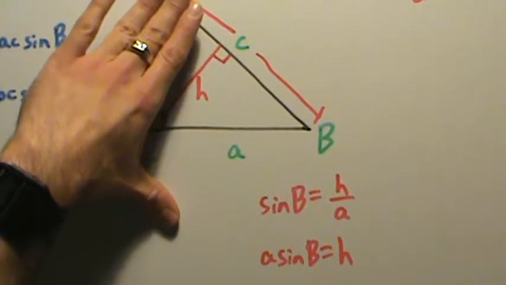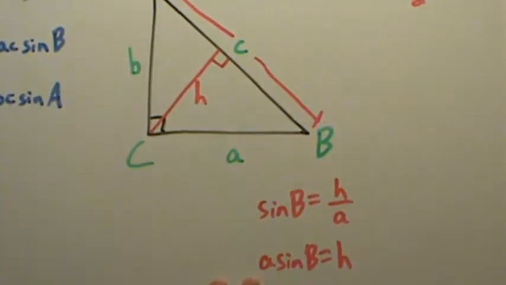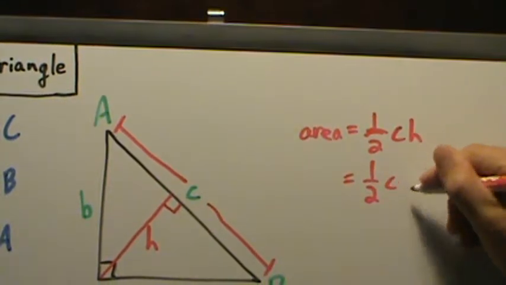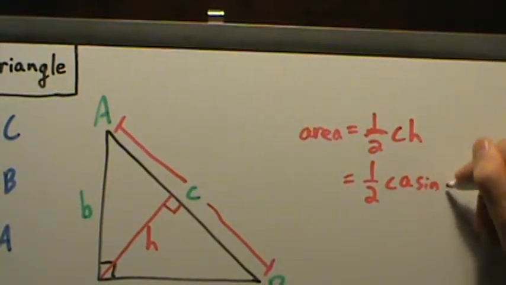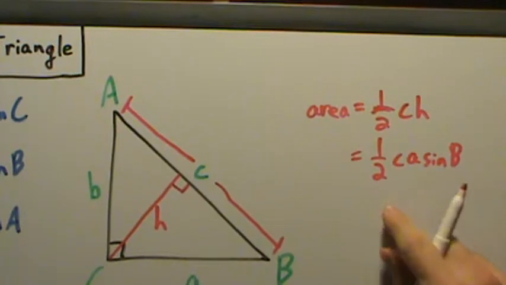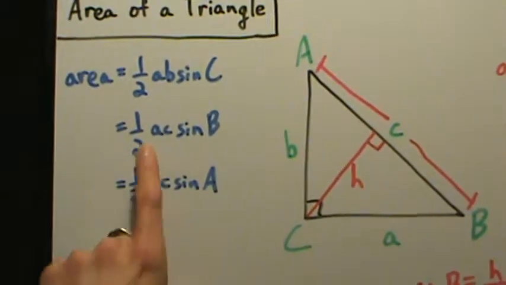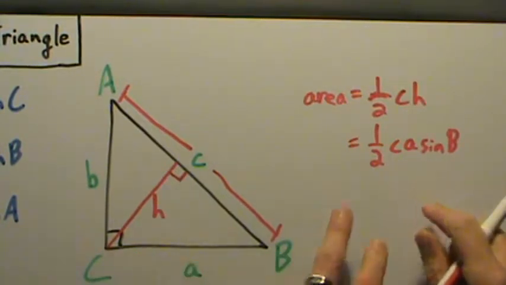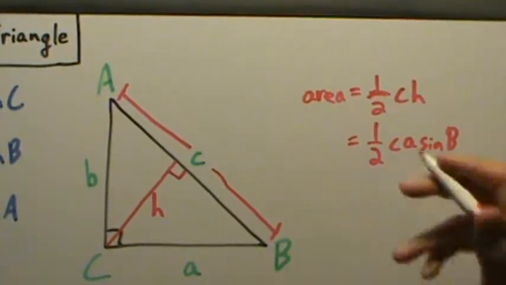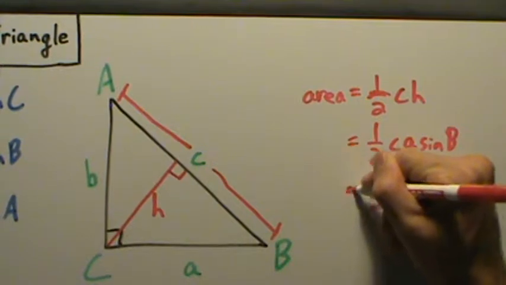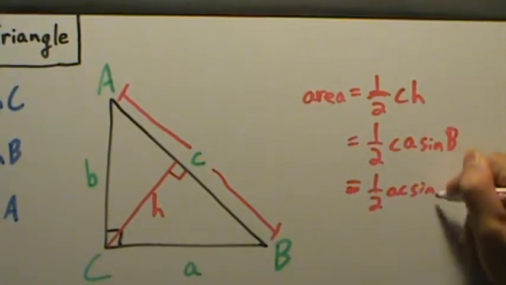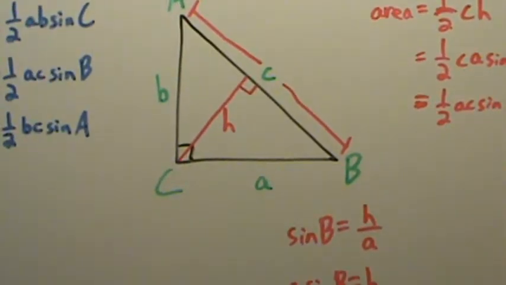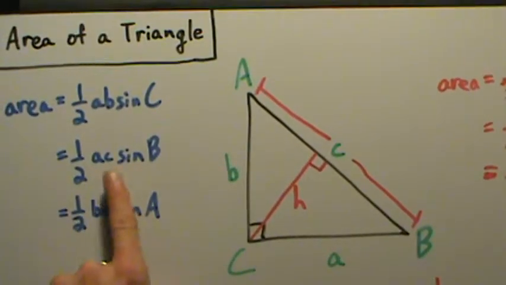So h is a times the sine of B, so we can toss that into here, and we get 1/2 c times a sine capital B. So 1/2 ca sine B. Notice that this says ac and this says ca, but when you multiply two numbers together, it doesn't matter which order you multiply them in. So it is the same thing as 1/2 ac sine capital B. And so that gives us the second formula for right triangles.